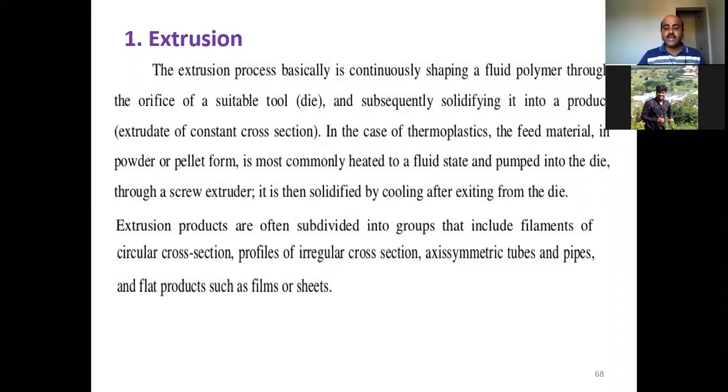After solidifying or cooling, as it comes out of the die, you will get the product in the required shape, and generally it will have a constant cross section.